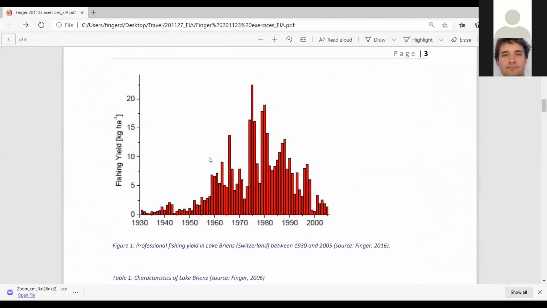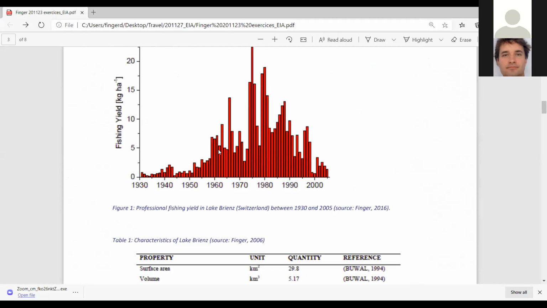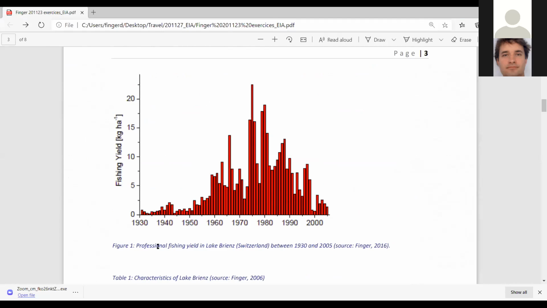And the short answer is yes, and the long answer is yes, but you need to provide a caption for the figure. Like in this particular case, this figure was taken from a PhD thesis, and the caption of the figure was cropped out, and there was a new caption added, including a reference to the original figure.